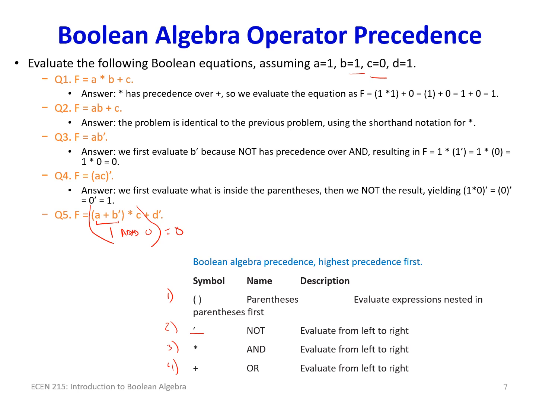So now we have 0 plus D not. So what does this evaluate to? Well, again, in order of precedence, we need to do the not D first.